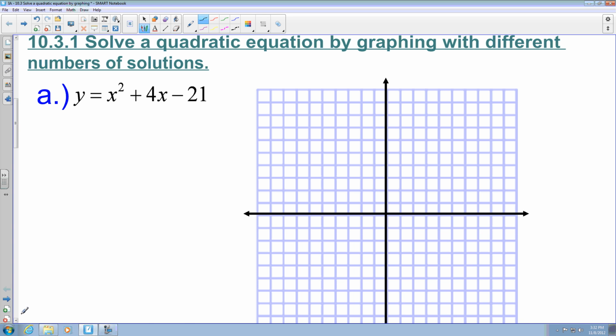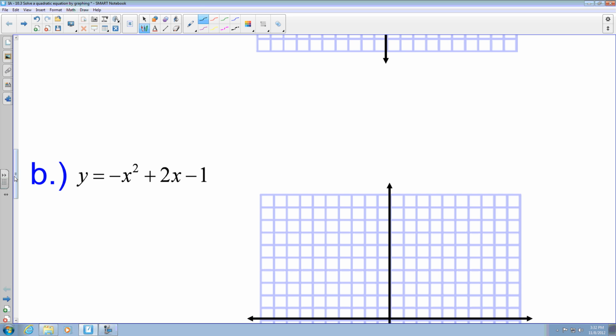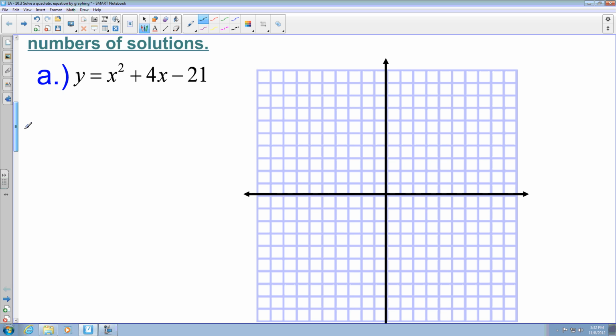So for our first example, y equals x squared plus 4x minus 21, we want to graph the equation. In order to do that, we must find those four things: the y-intercept, the vertex, the axis of symmetry, and if it has x-intercepts.